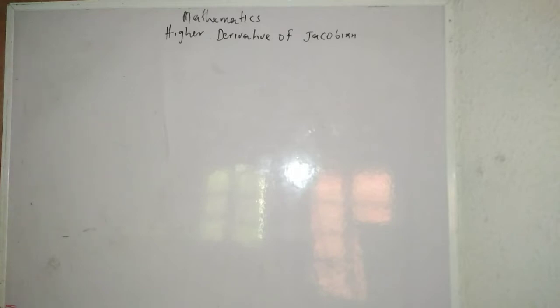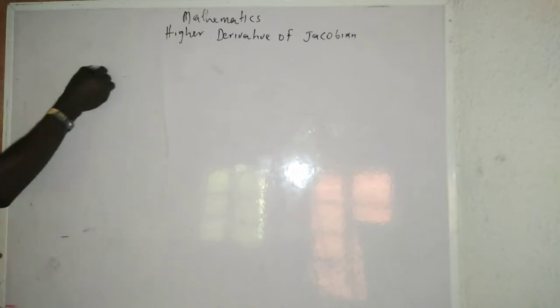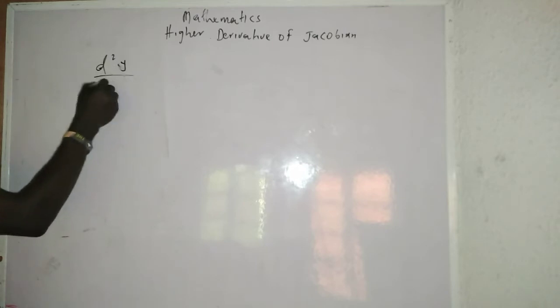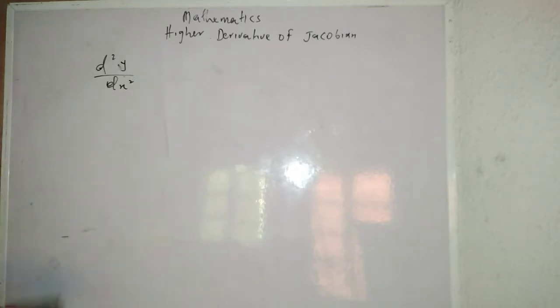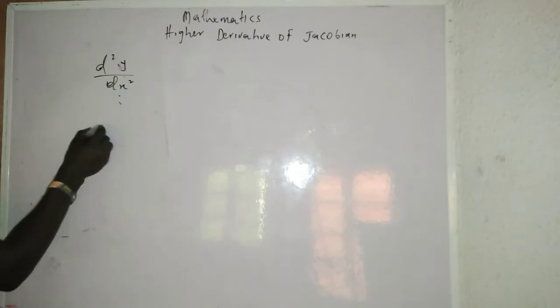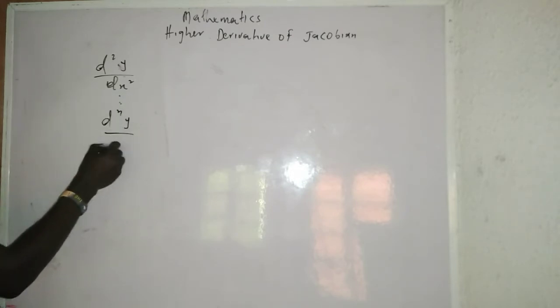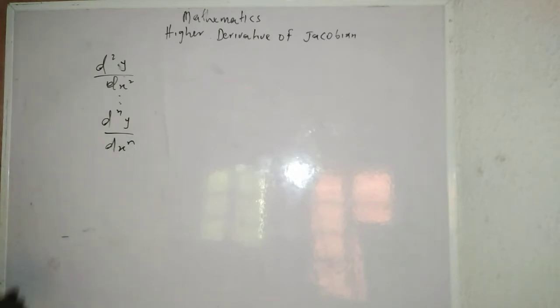Now, we have done higher derivative of normal differentiation, which we talk about as d of y with respect to x squared. I can run this through to my nth term, where I'm working on total derivative.